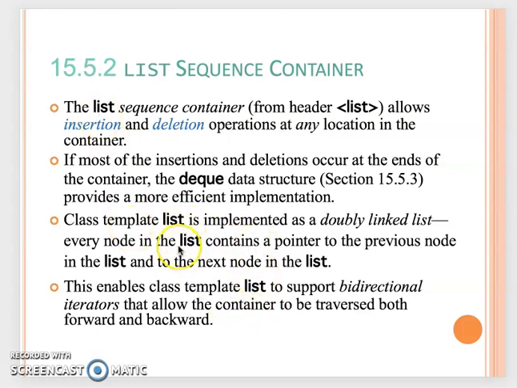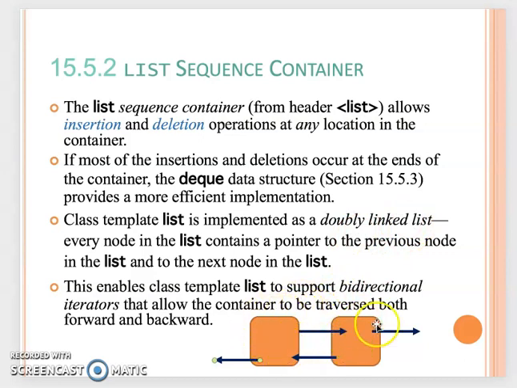In each node, we show what a doubly linked list means. For the list, this orange square means each node. Before, we only had the next pointer pointing to the next node, right? That's the singly linked list we introduced in chapter 7. But when we implement the list, they're using the doubly linked list.